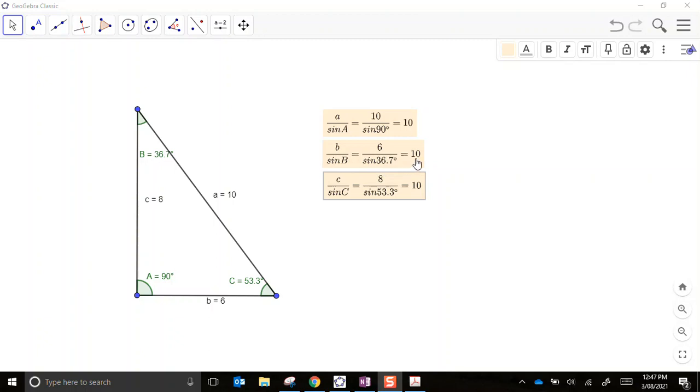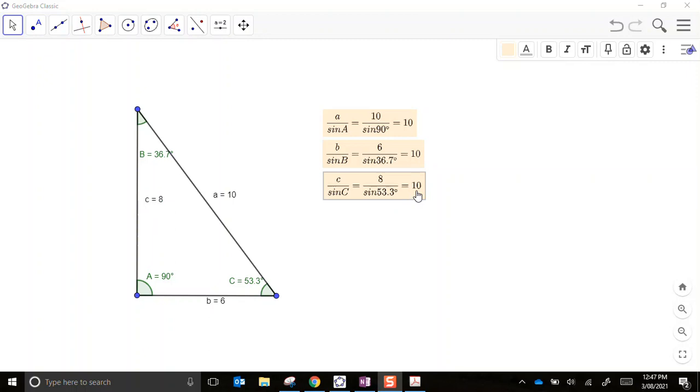Now that seemed like a coincidence, so they thought we should check for angle C. So little c, 8 divided by the sine of 53.3 degrees also came out equal to 10. Now that seemed too good to be true.